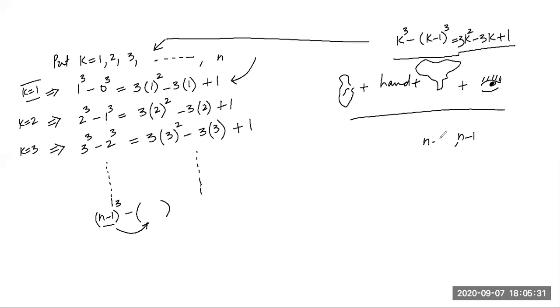N minus 2. So this will be n minus 2 cube is equal to 3 comes everywhere, 3 into n minus 1 square. That's good.